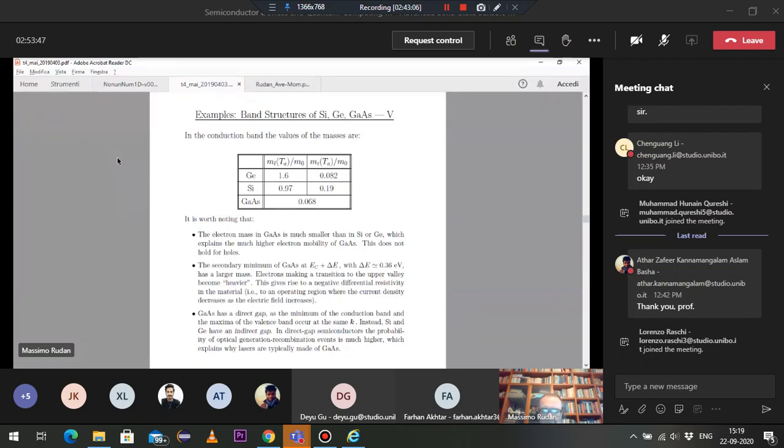On the other hand, there is a difficulty that gallium arsenide is a compound semiconductor. And the technology of compound semiconductors is much, much more difficult than that of pure materials like silicon and germanium, okay?